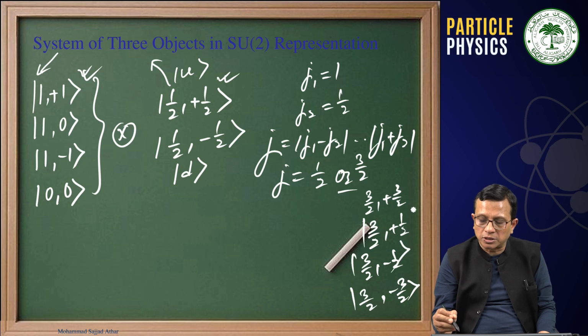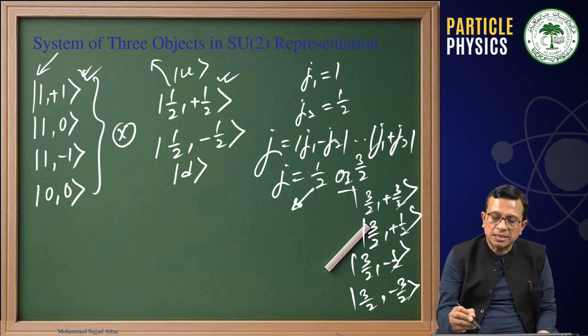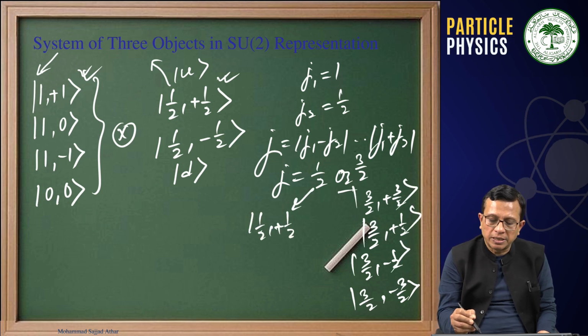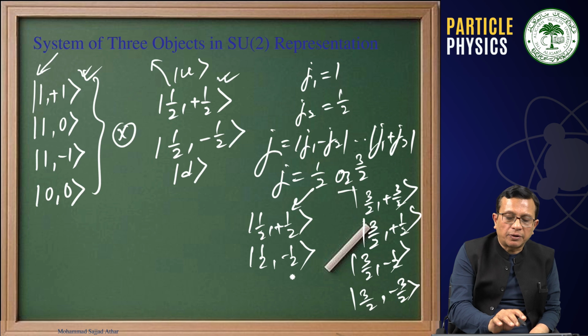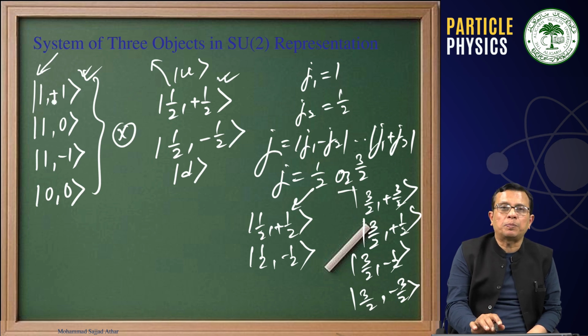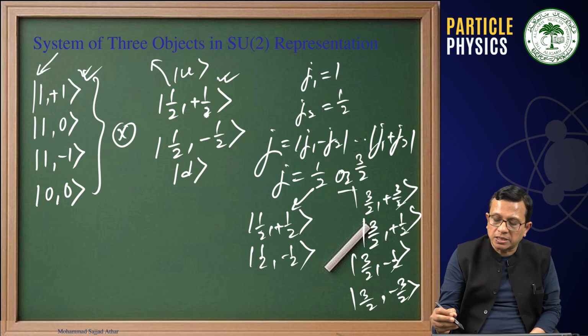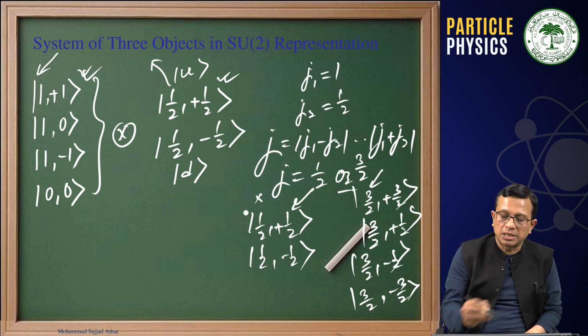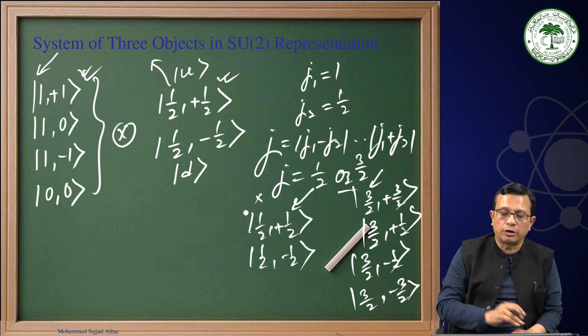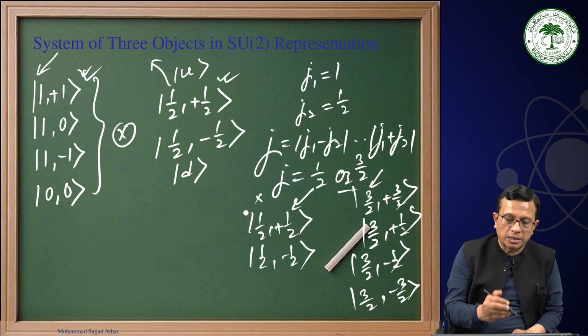These are the 4 possibilities, while this one has the possibility half plus half or half minus half. Therefore, what you see is that when I add plus 1 and plus half, we will get only plus 3 by 2, and that means J should be only 3 by 2. This is not possible because projection cannot be plus 3 by 2.